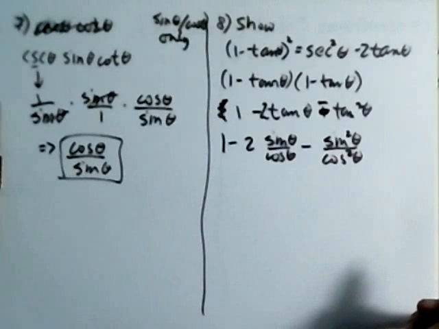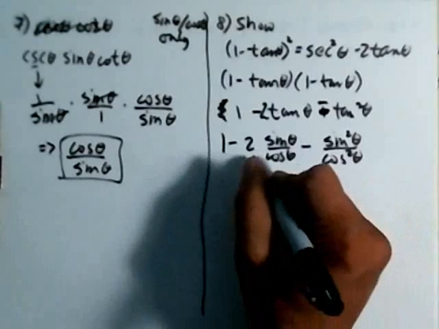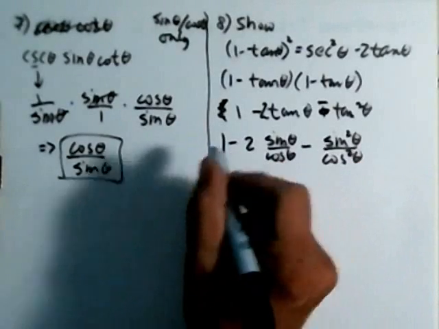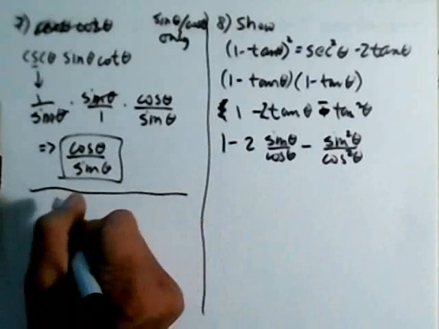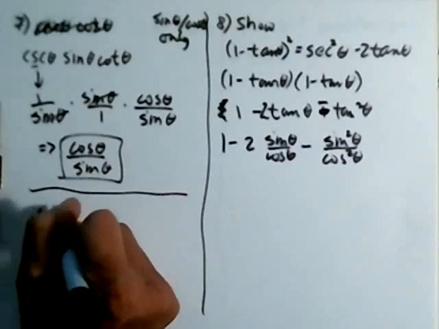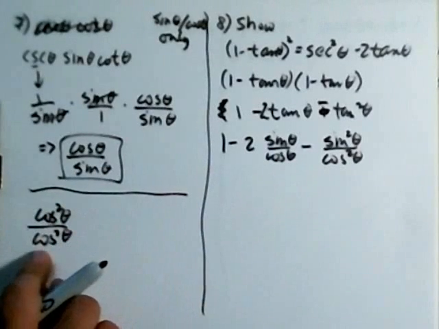And then I'm going to have to manipulate this somehow. I'm going to have it all in terms of sines and cosines. So here, I'm going to change one. Since the common denominator is cosine squared, it's going to be cosine squared of theta over cosine squared of theta. That's equal to 1.